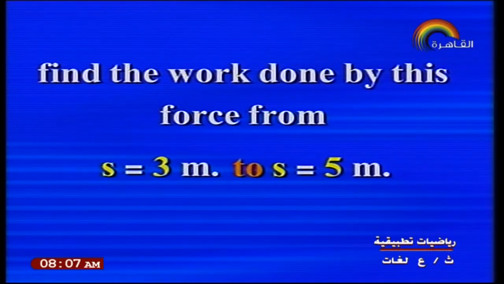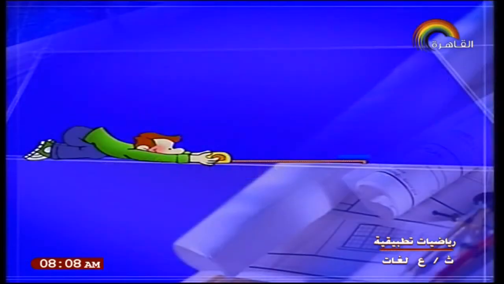Remember, dear students, we have a body with a force. The force is variable with s. The required is the work done by the force from s equals 3 meters to s equals 5 meters.